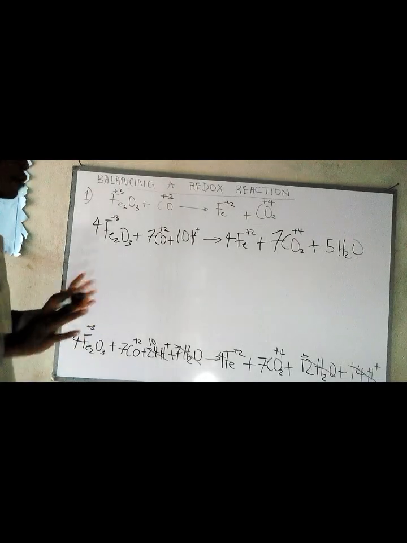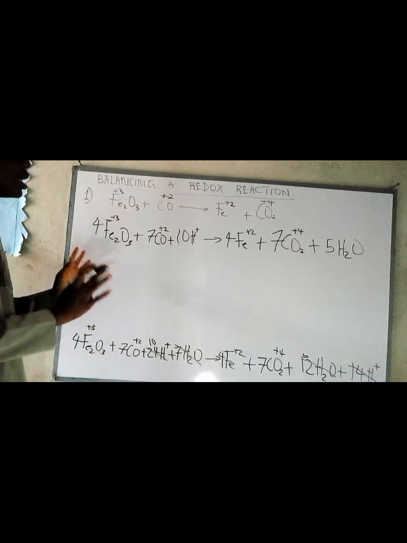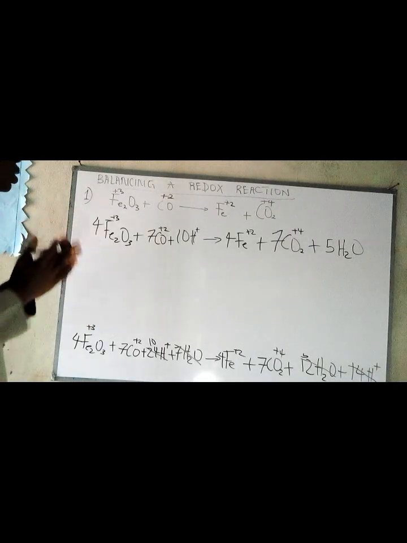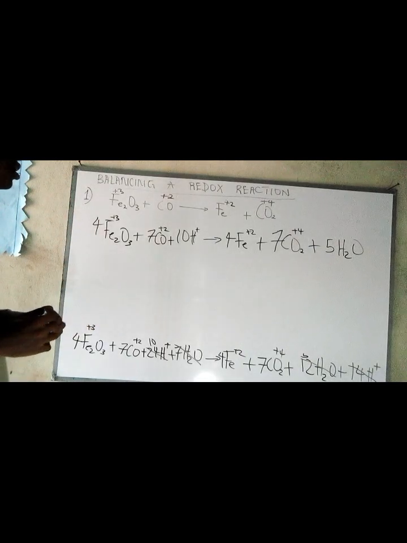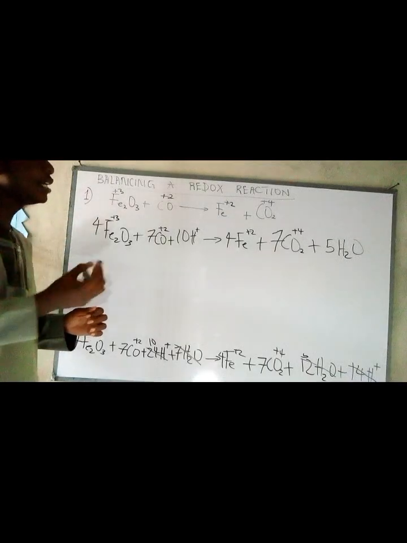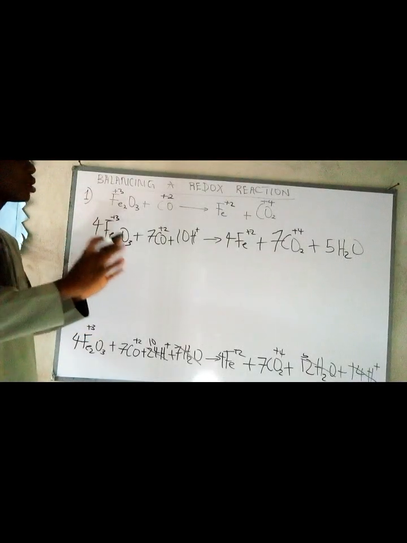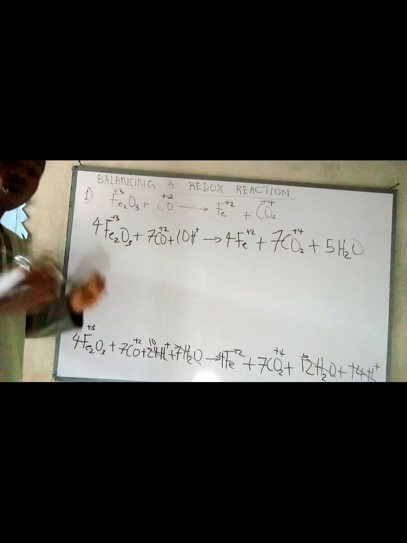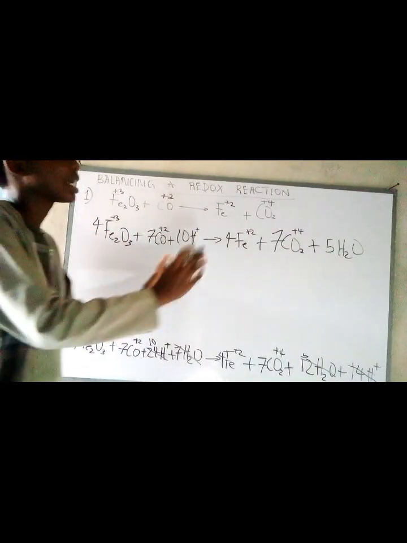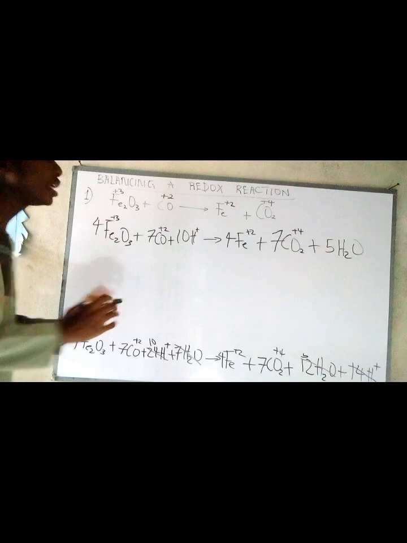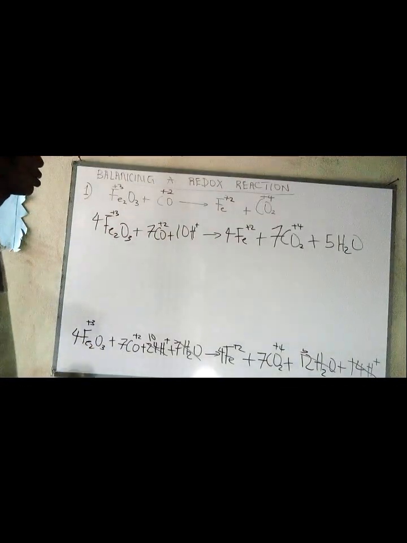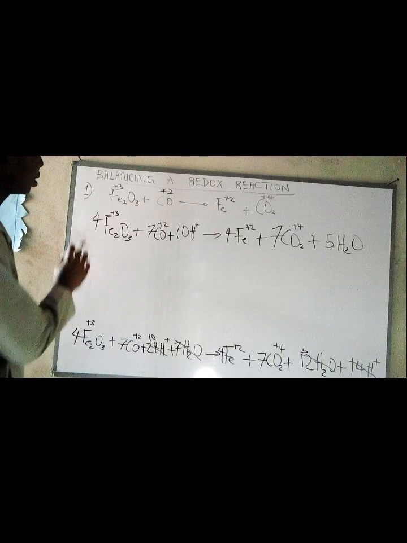Okay, now from the look of things, we have balanced the atoms, we have balanced the charges and everything. So now from here, for us to check if this balancing of the redox reaction is complete, what do we do? We have to now count the charges here and count the charges here to know if truly we've balanced this equation.